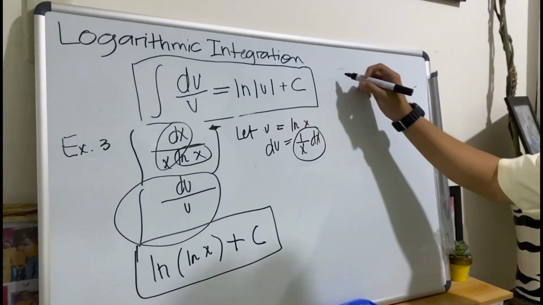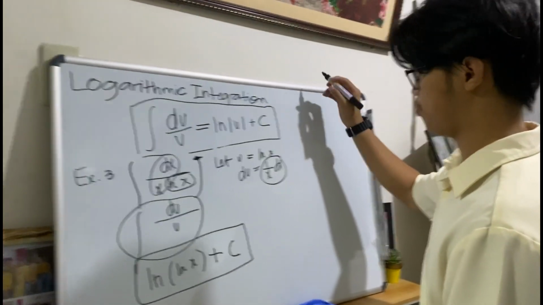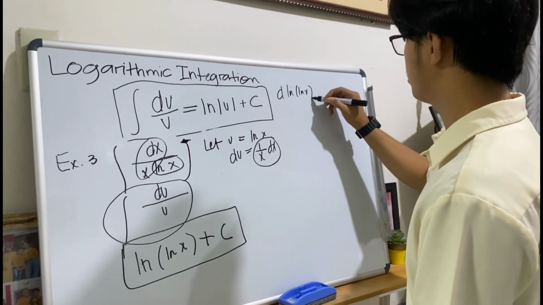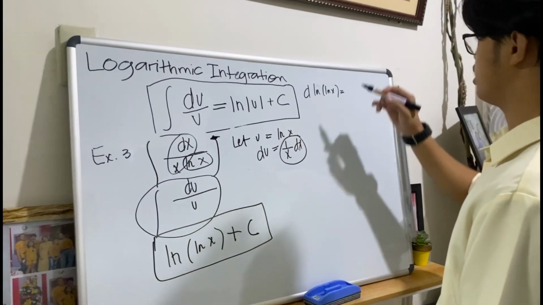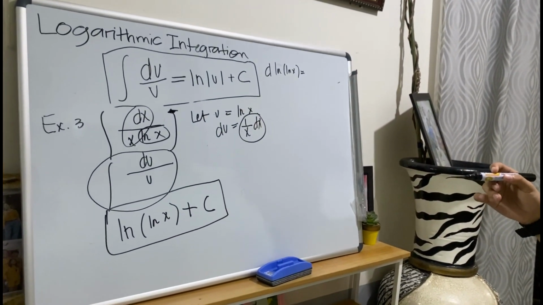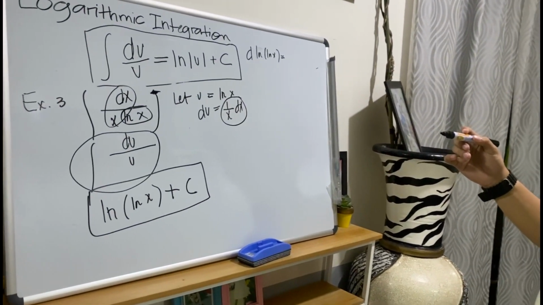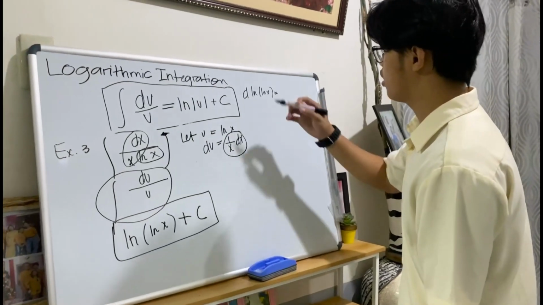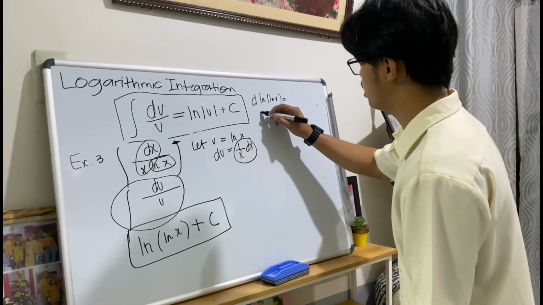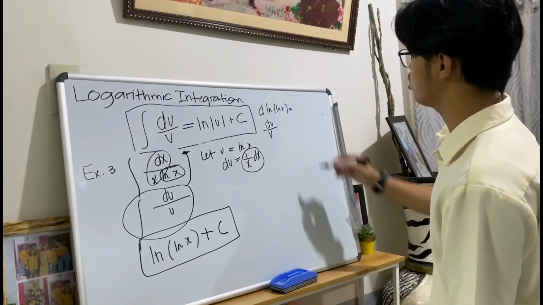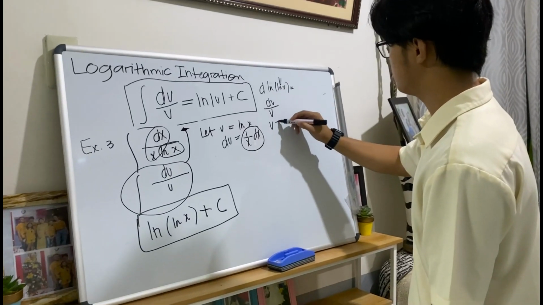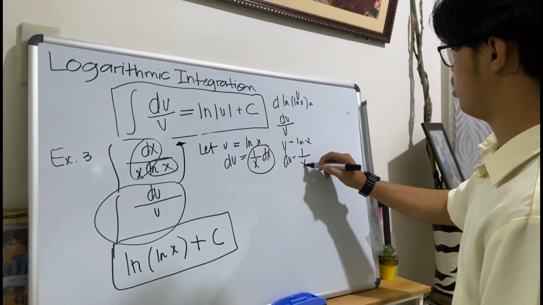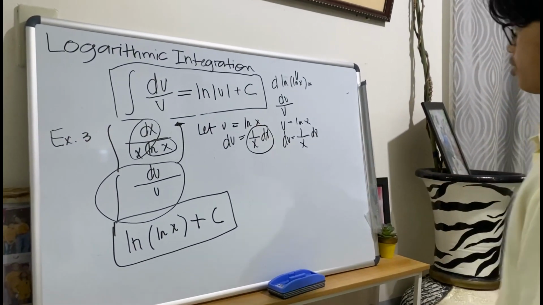This is now our final answer. If we take the derivative of this function, ln of ln x, we know that the derivative is du over u. So u is this, and du is 1 over x dx.